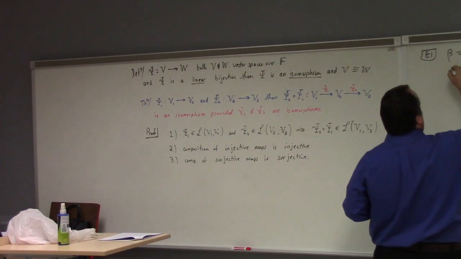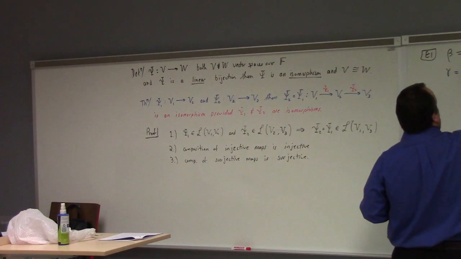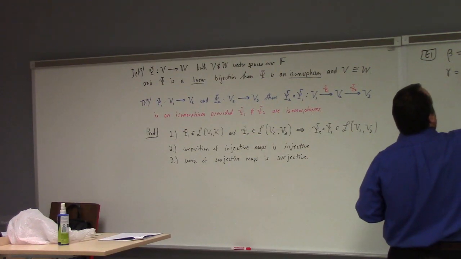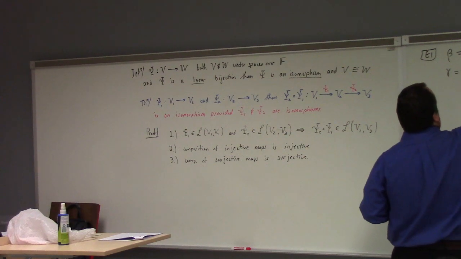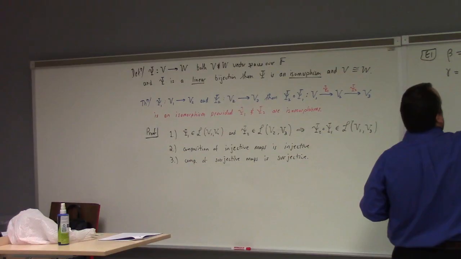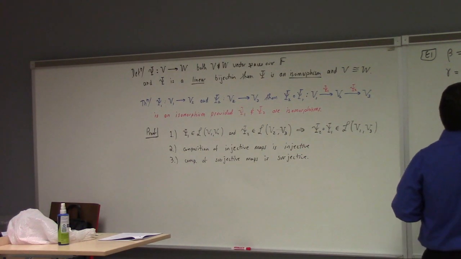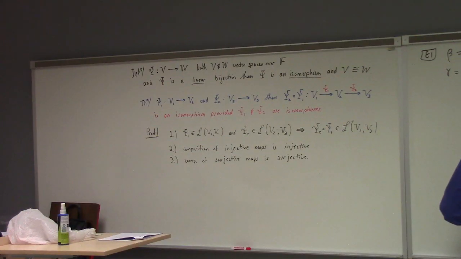And I'll consider the basis gamma equal to, let's say, we use the other notation, E11, E12, E21, E22 for R 2 by 2. All right.